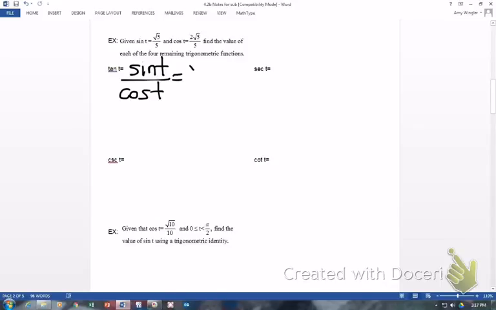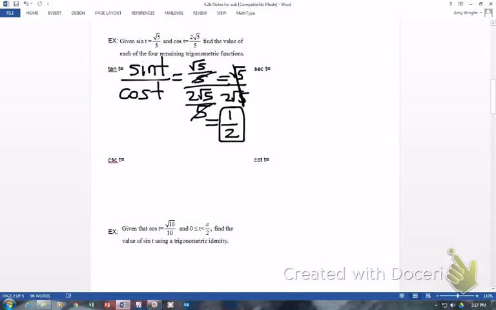So if I put the sine of t, which is radical 5 over 5, over the cosine of t, which is 2 radical 5 over 5, and I simplify this, my 5's will cancel because they're both denominators, and mathematically when I multiply by the reciprocal, those 5's would cancel. So that leaves me with radical 5 over 2 radical 5. The radical 5's will cancel, and that leaves me with 1/2. So the tangent of t in this problem is 1/2. If tangent and cotangent are reciprocals, then the cotangent of t is 2 over 1, which is just 2.